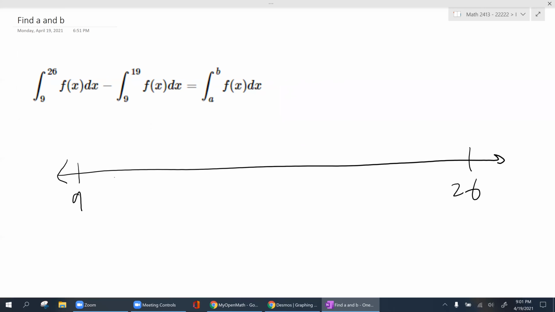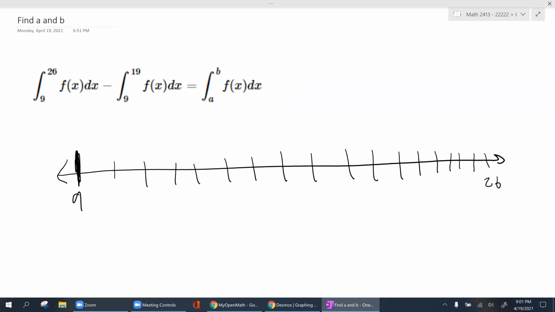So let's just say this is 10, 11, 12, 13, 14, 15, 16, 17, 18, 19, 20, 21, 22, 23, 24, 25, 26. Almost 26. So this is what I had originally, this original piece.